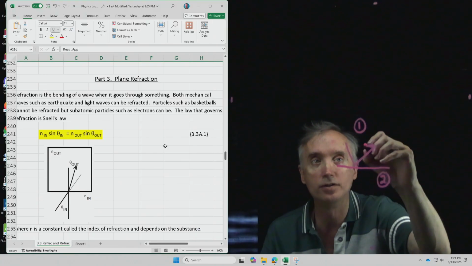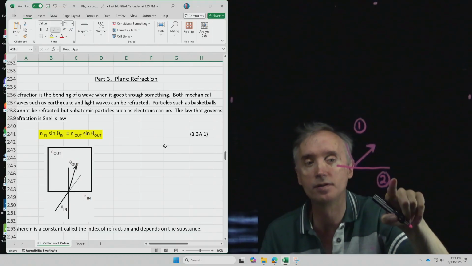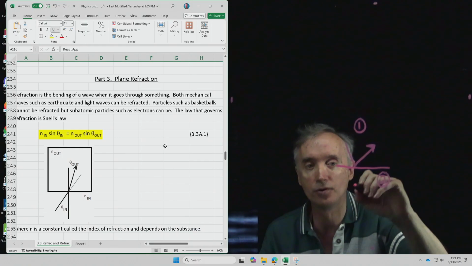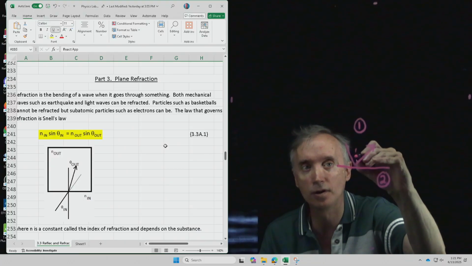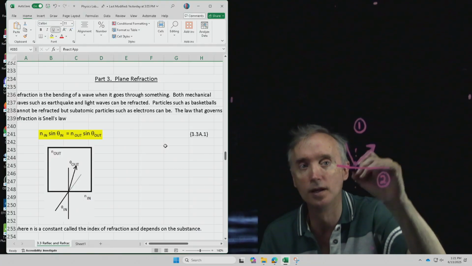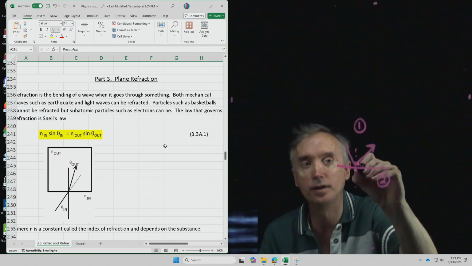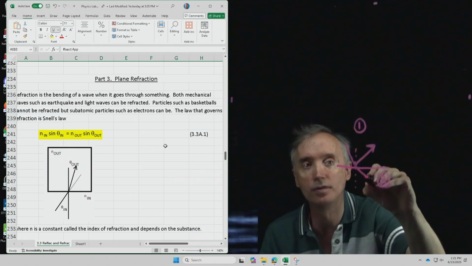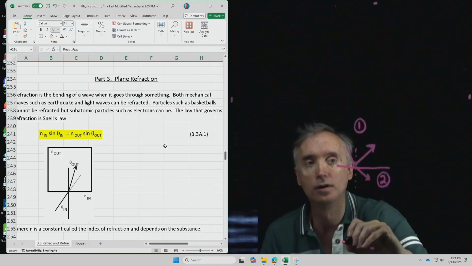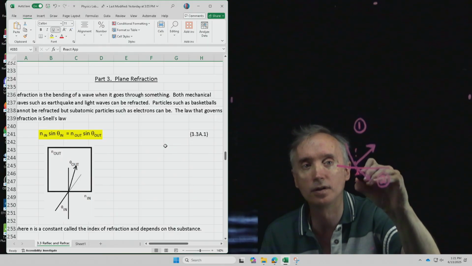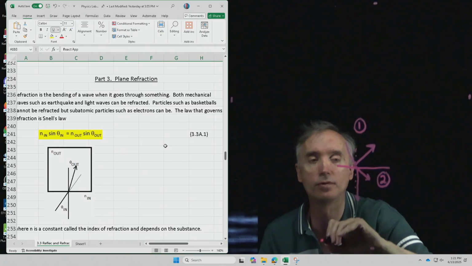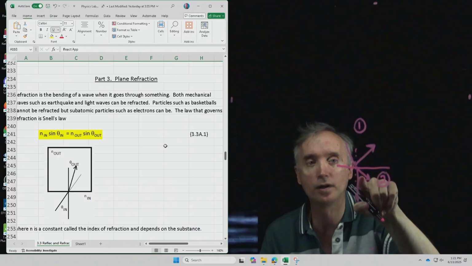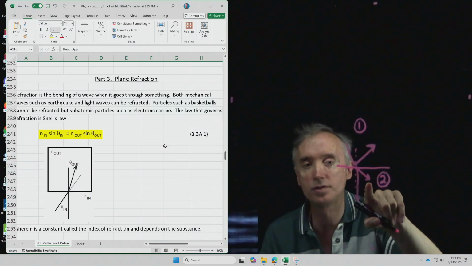But you've got substance number 1, substance number 2, and then we still need to have a normal. So here is our normal, and then when it gets into this substance, it's either going to go in this direction or it's going to go in that direction. So it's going to change direction when it goes into this particular substance.